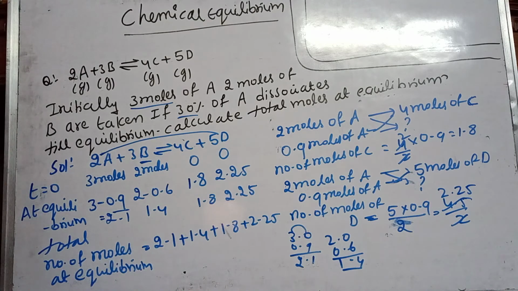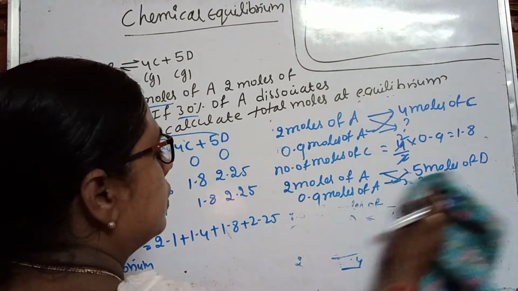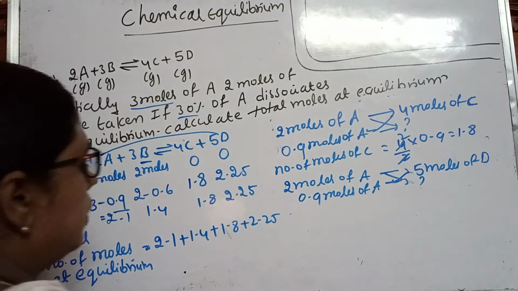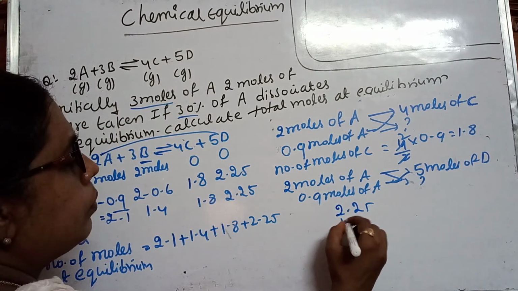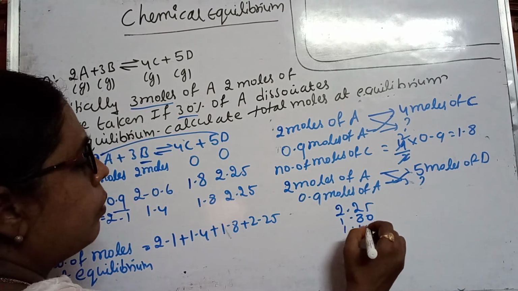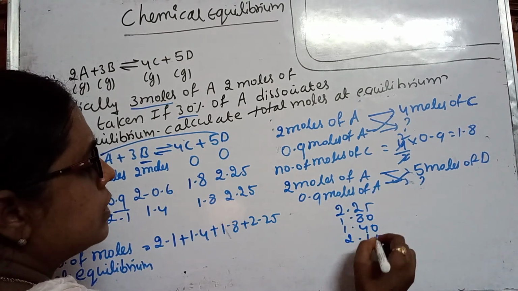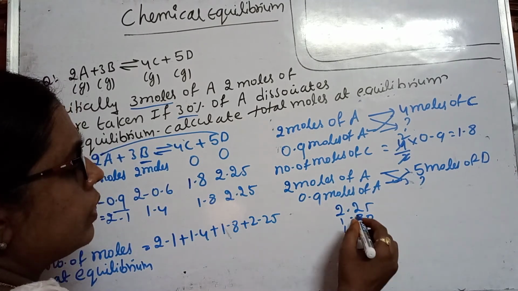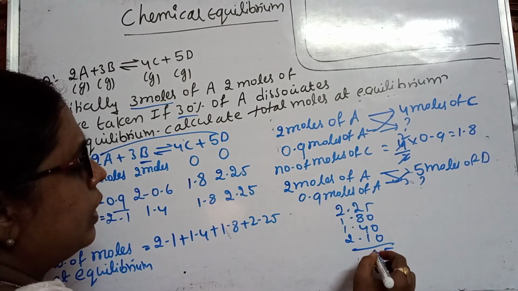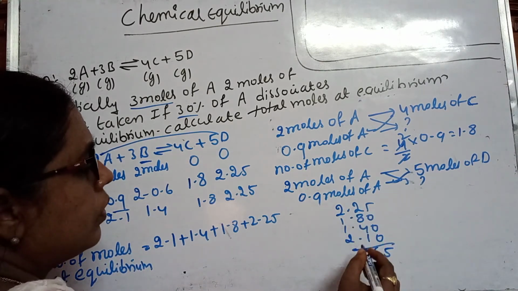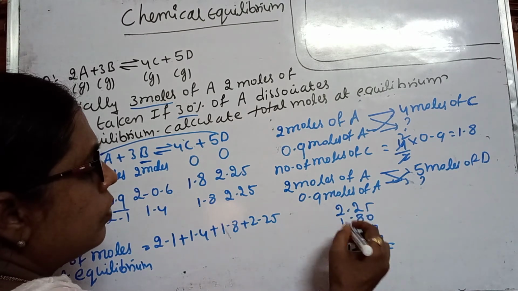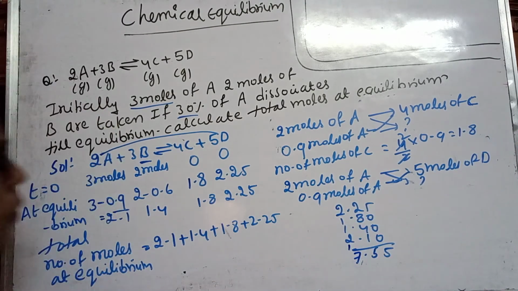So see how much we get finally. 2.25, then 1.80, then 1.40, then 2.10. So we get 7.55.